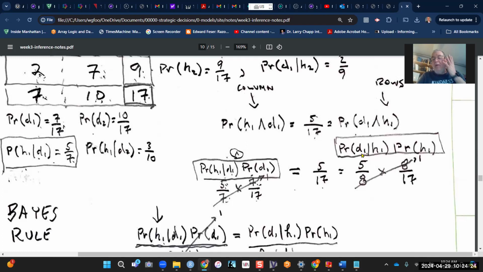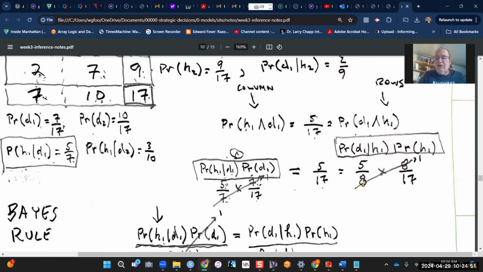Take the probability of D1 given H1. So 5/8 of the time we see this, but that's of 8/17 of the time that hypothesis is even around. Multiply one by the other, and look at this: 5/8 times 8/17. 8 divided by 8 is 1. Anything times 1 is itself.